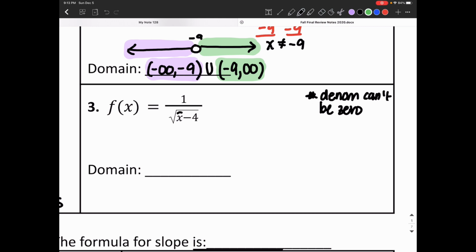Another restriction, since I see this x inside of a square root, is that square roots cannot have negatives inside, or else it's not a real number.